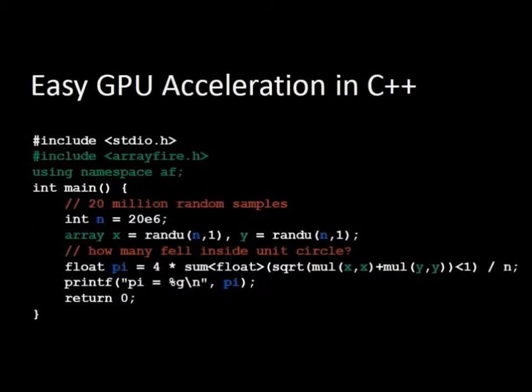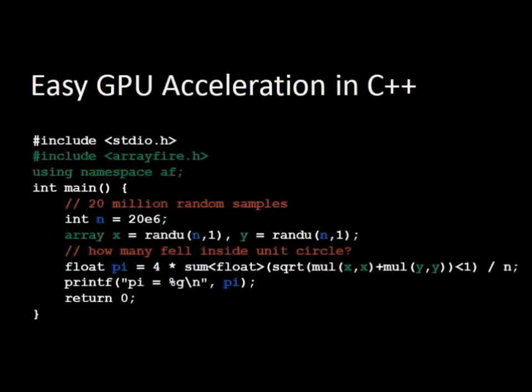I want to start by showing ArrayFire and just giving you a taste of what it is to write ArrayFire code in C++. In this code, it's a very simple example, self-contained in this one file. It's about 10 lines of code. What we're doing here is we're simply estimating the value of pi.